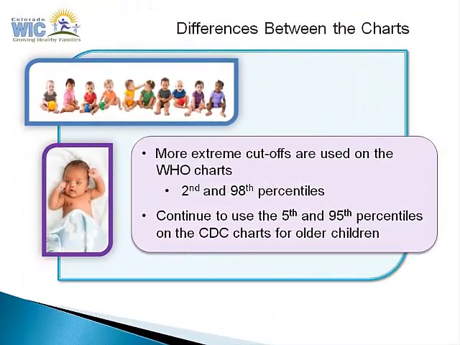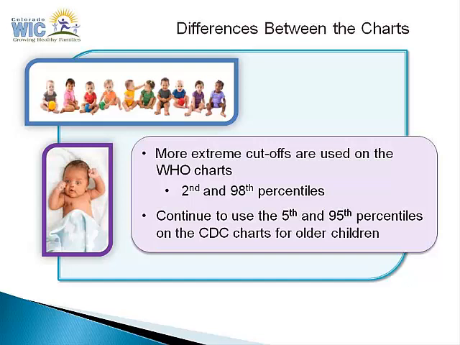Before we look at the graphs, I want to mention that because the WHO charts reflect the growth of healthy children growing up in ideal conditions, they use more extreme cutoffs of the 2nd and 98th percentiles to determine risks. These percentiles are actually the 2.3rd and the 97.7th, but we've labeled them as the 2nd and 98th percentiles for ease of use and to help with the growth chart conversation.